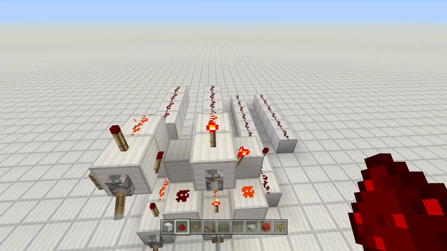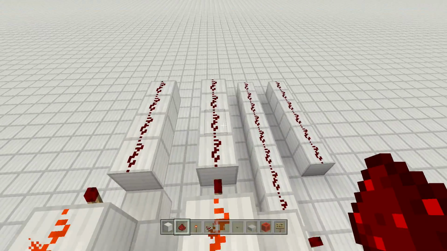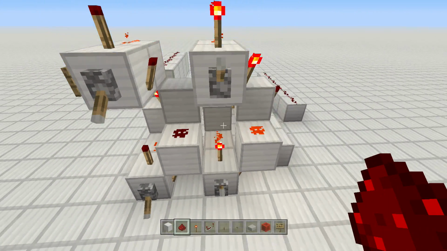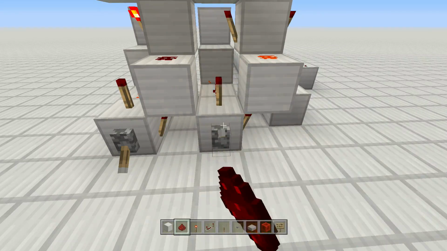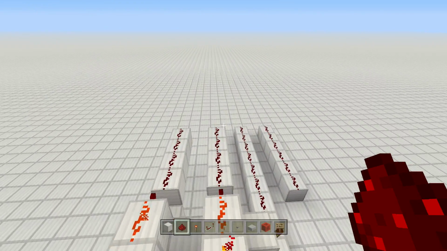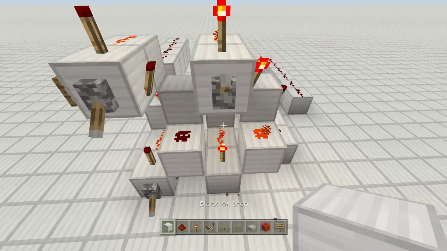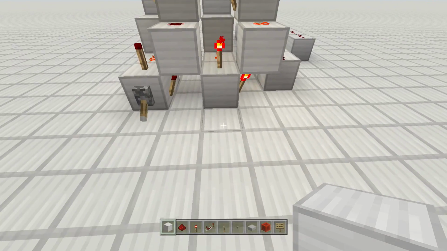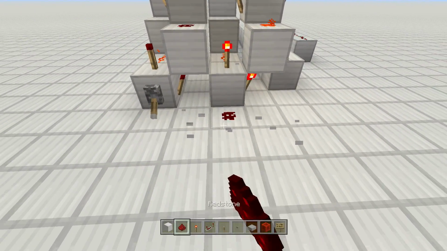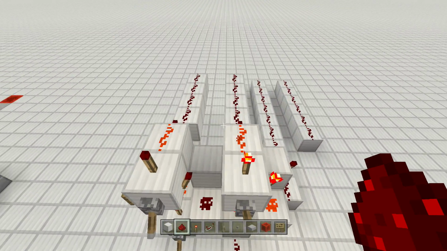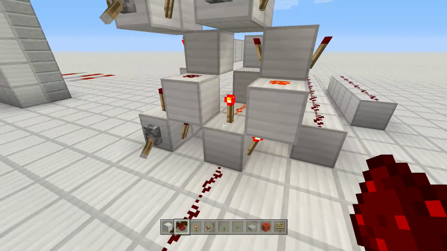But how is it going to turn on if this only has 2 inputs and the 2 inputs are taken by these levers? Well, I guess I'm just gonna have to take one away and make it an area to actually put the carry out of this guy in.